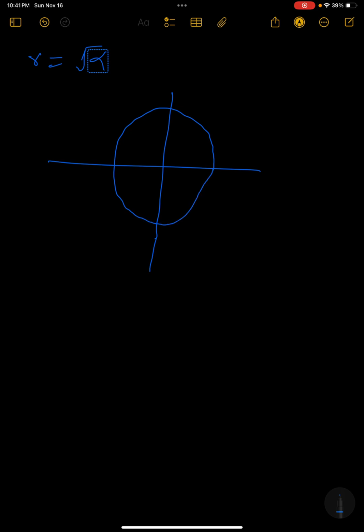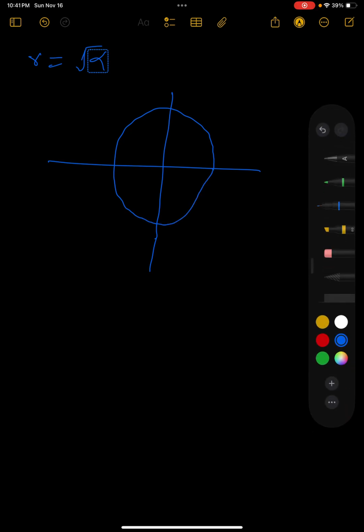For r equal to the square root of alpha, since this is a circle, suppose this is my circle, and this is stable. This means that if I start from the inside, I will approach the boundary of the circle, but I will not touch it.